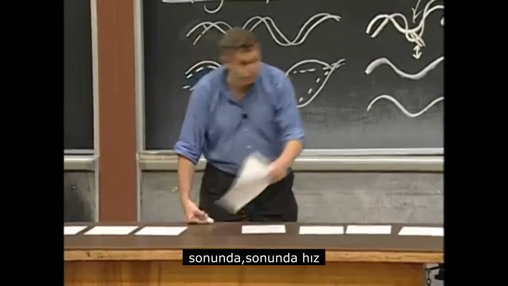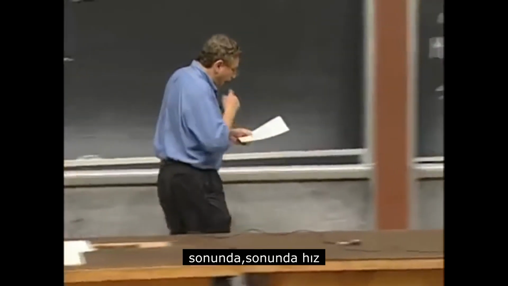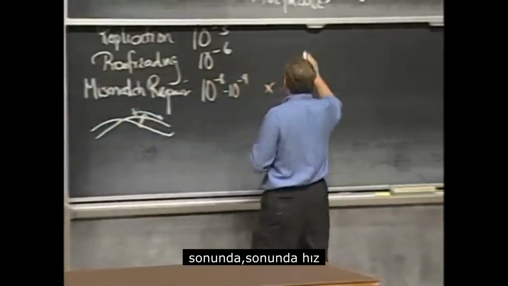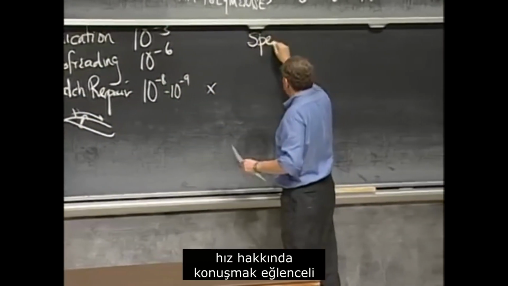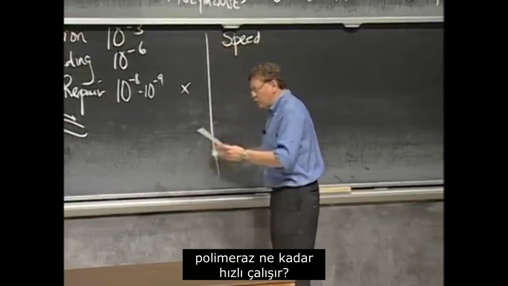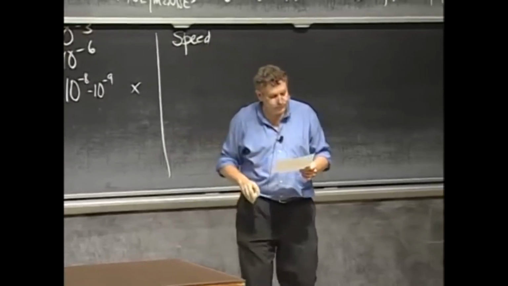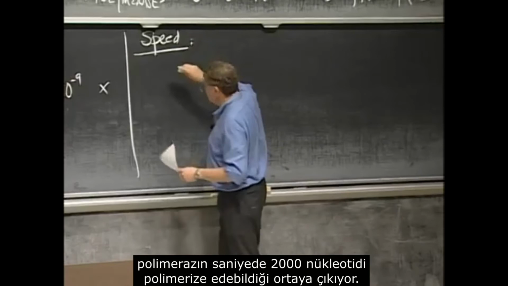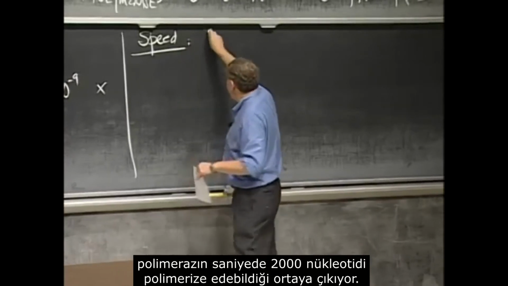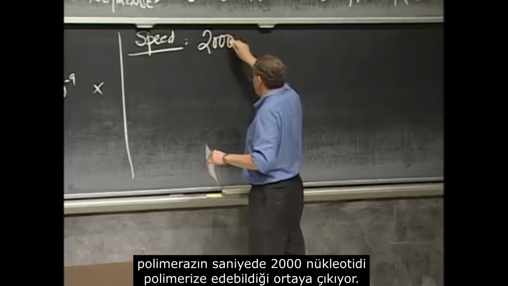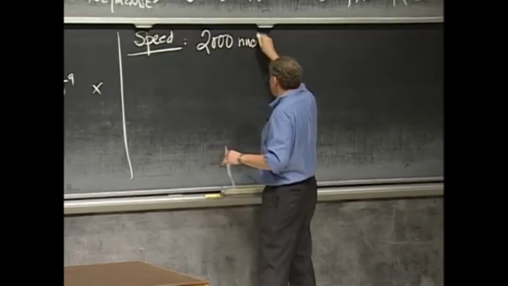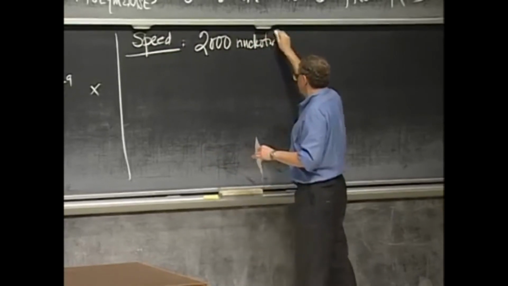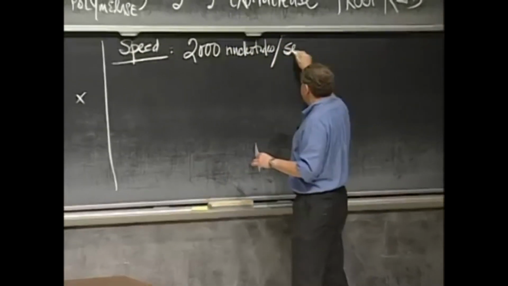Finally, speed. It's kind of fun to talk about speed. How fast does polymerase work? Turns out that polymerase is able to polymerize 2,000 nucleotides per second.